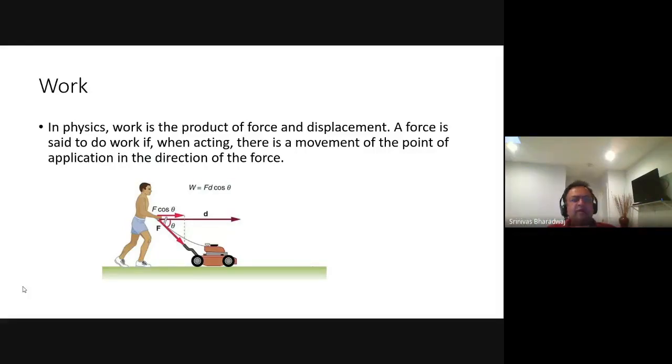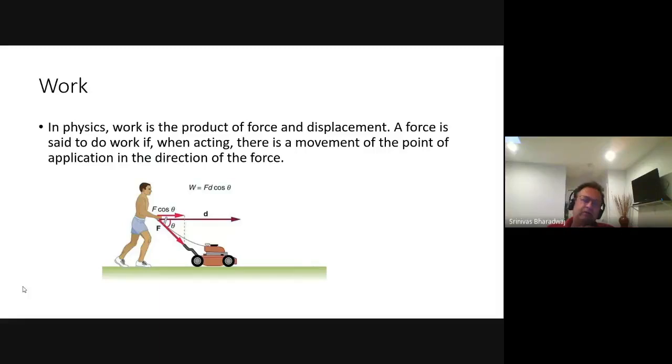What is work? I introduced the term kinetic energy, half mv square. Work is something that is done by a force. Work is a scalar product of the force and the displacement.